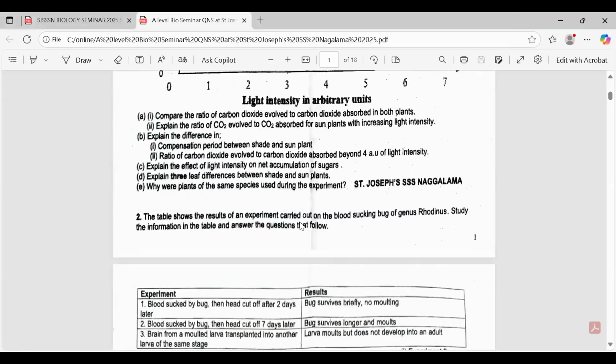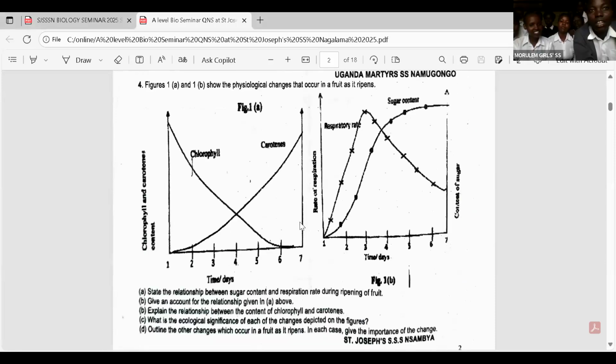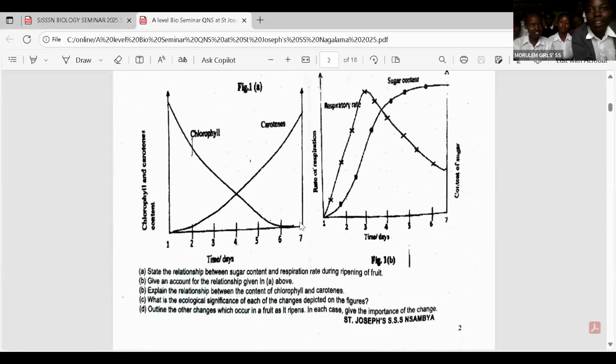Thank you, sir. When I'm describing the relationship, say from 1 to 3 days, I put the date and the interval.